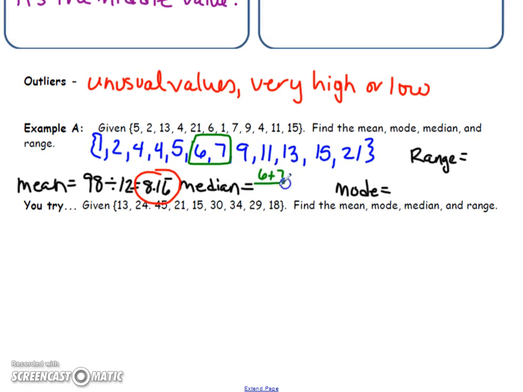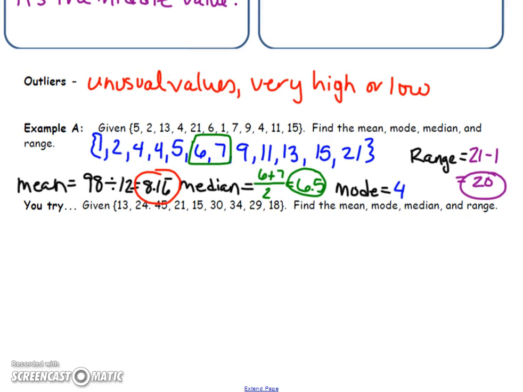I add the 2 values together and divide by 2, and my average comes out to 6.5. For the mode, I'm looking for the number that occurs the most often, and that is the number 4. It occurs twice. And then the range is the maximum minus the minimum, so my range comes out to a value of 20.